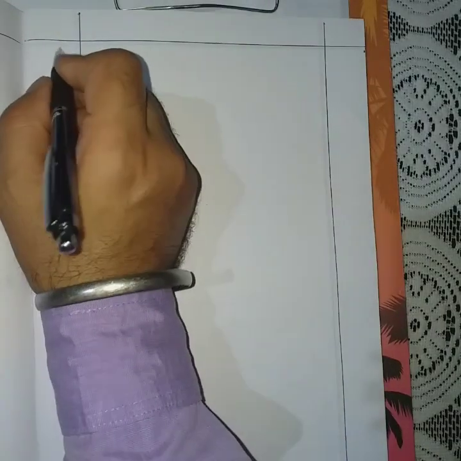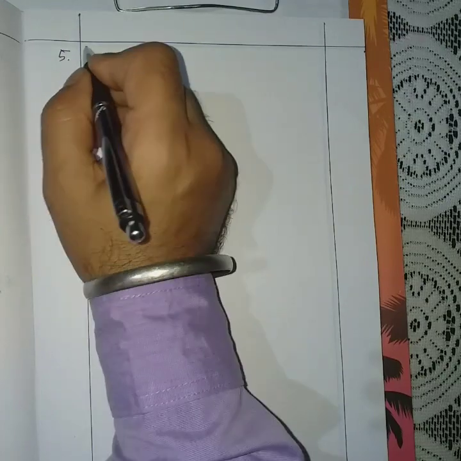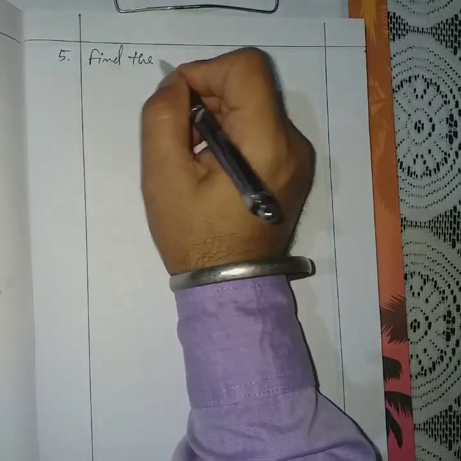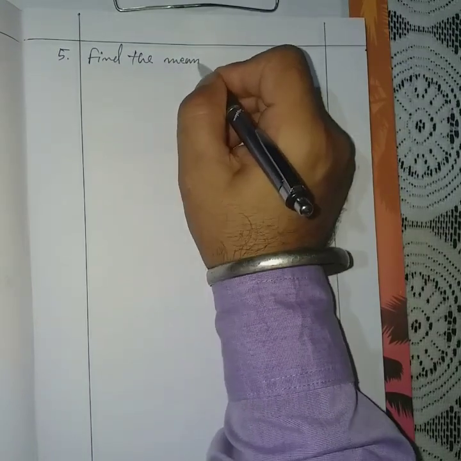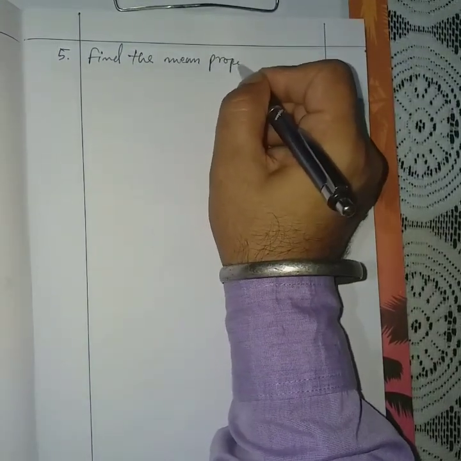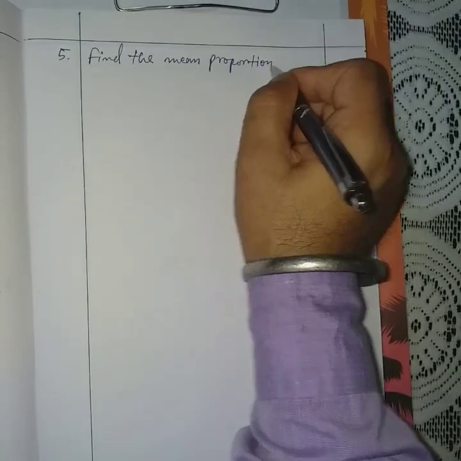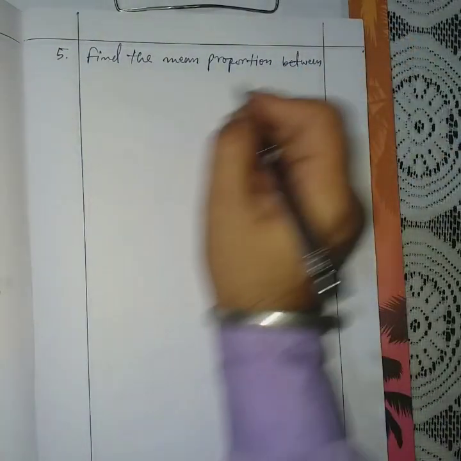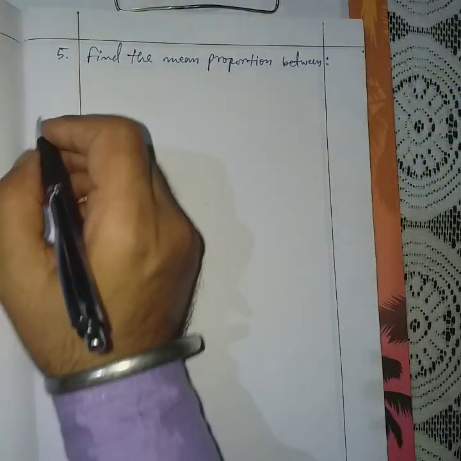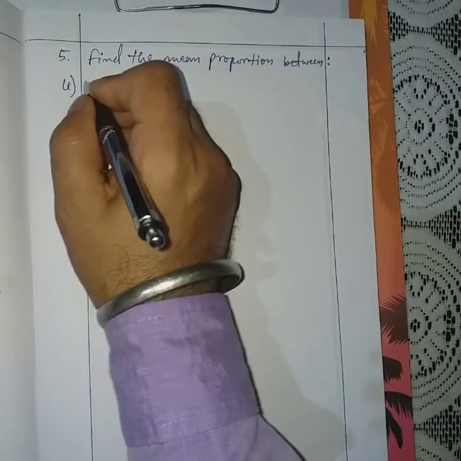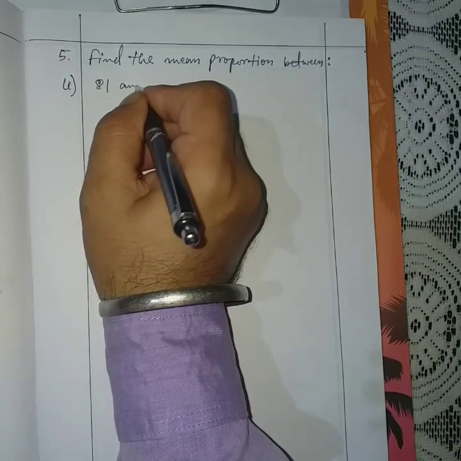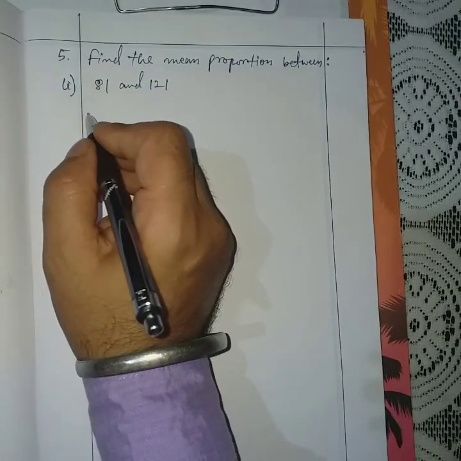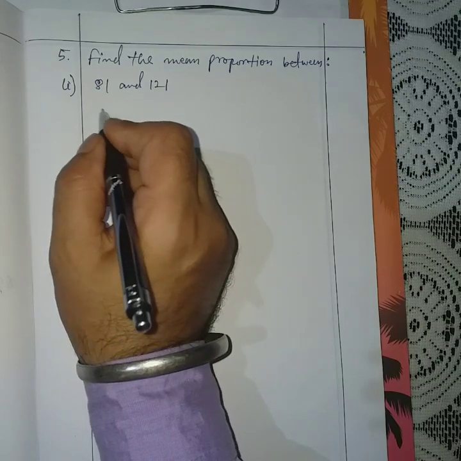Question number 5. Find the mean proportion between 81 and 121. Now here the mean we have to find.